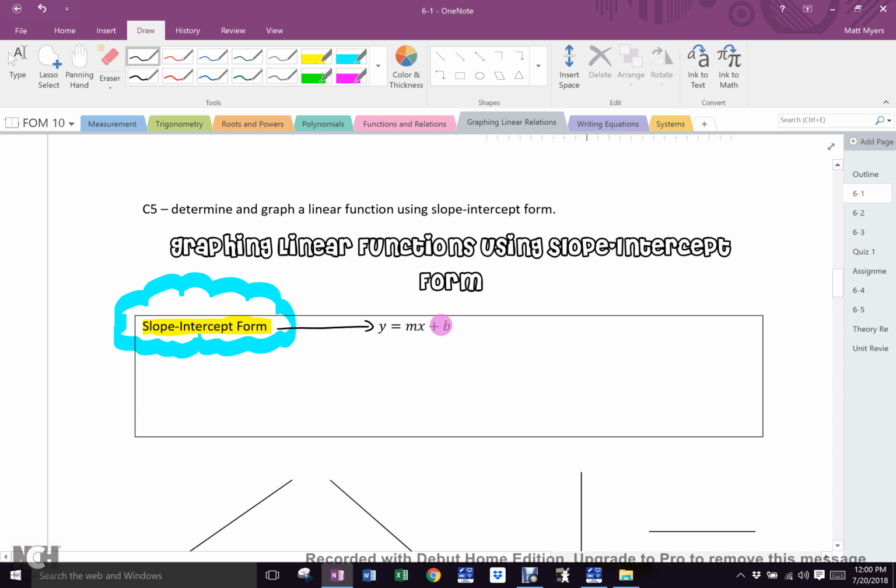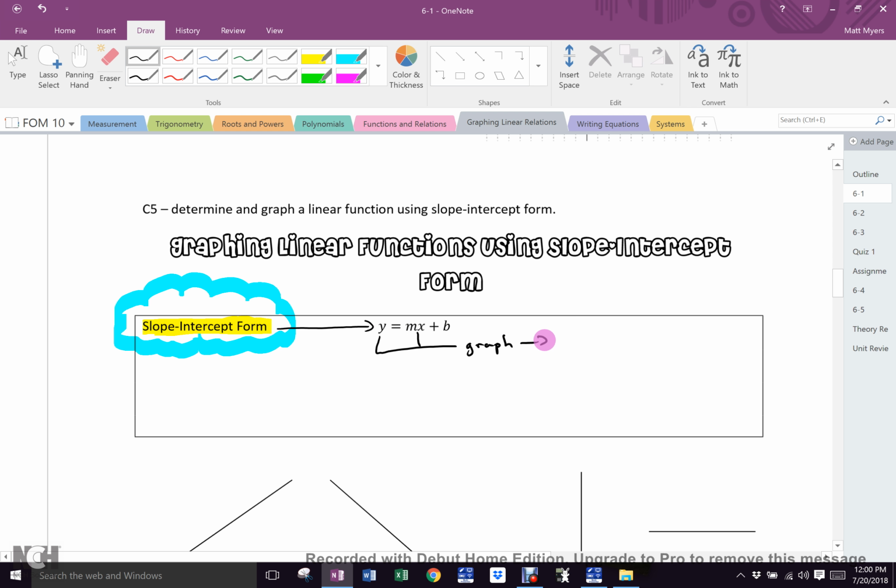X and Y. Where do I find X's and Y's? On the graph. Which graph? Every single graph in the universe is made up of X's and Y's. So we already know that X and Y come from a graph.